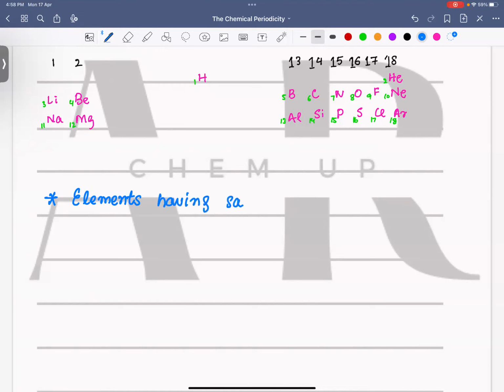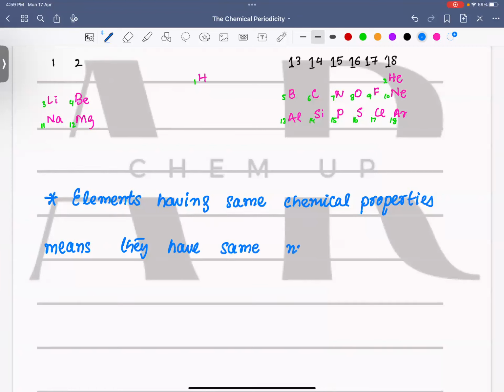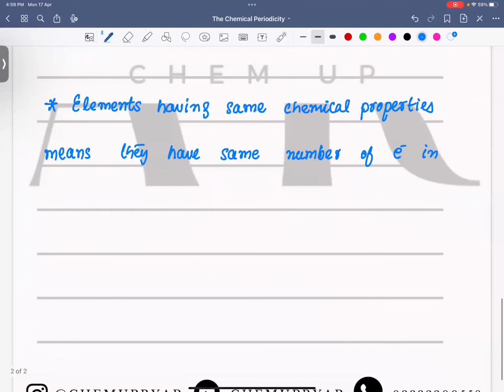Elements having same chemical properties means they have same number of electrons in the valence shell.